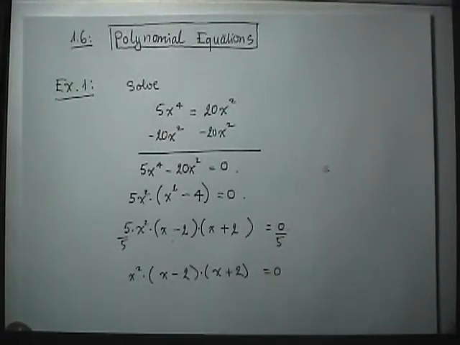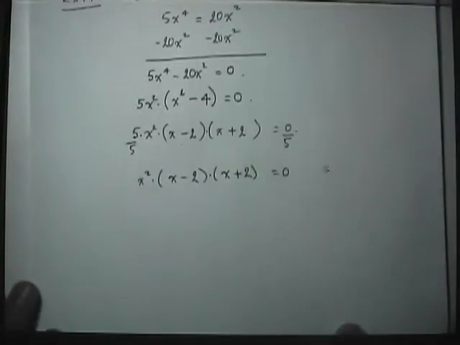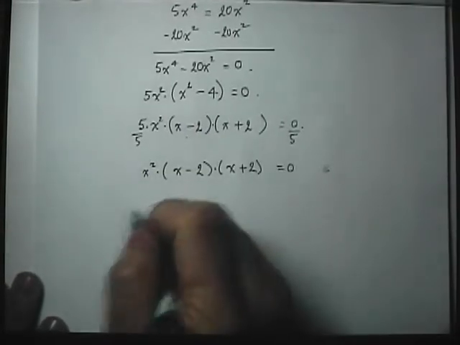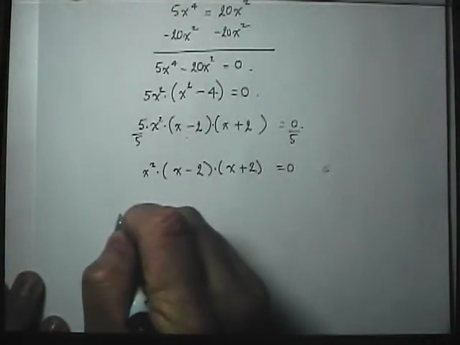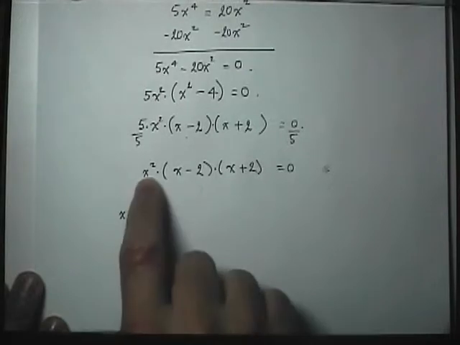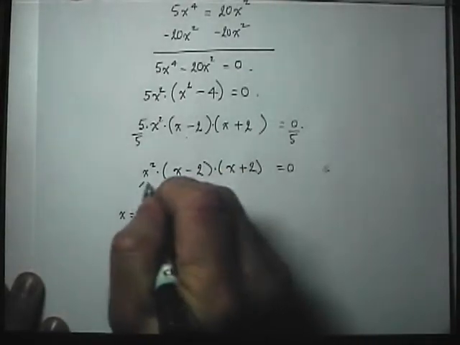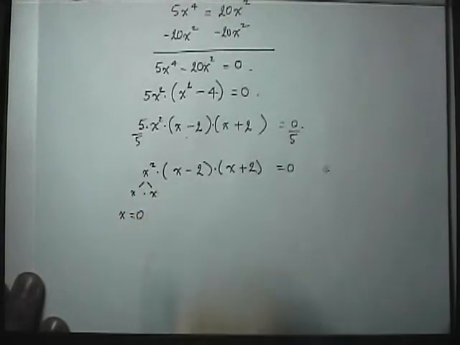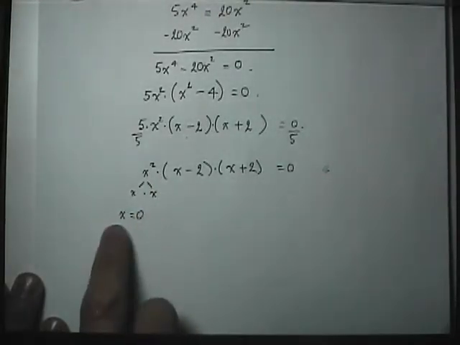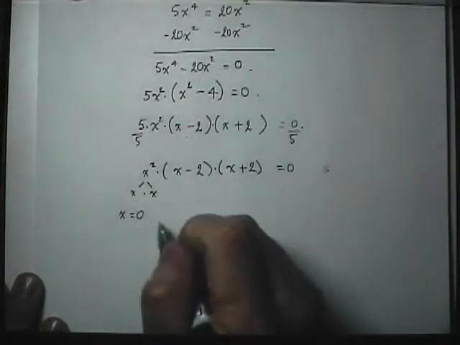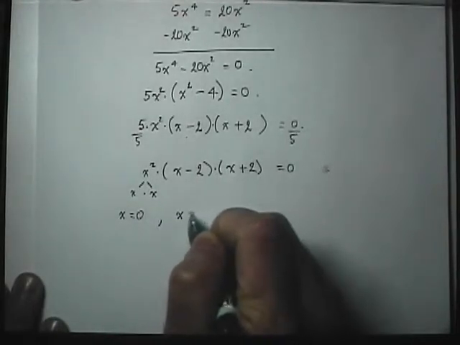Now, to solve for x, I set x equals 0 because x is one of my factors. I have x squared right here, which means x times x, so I have x equals 0 and another identical x equals 0.